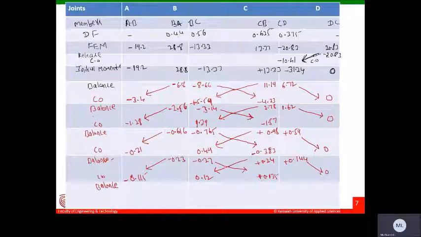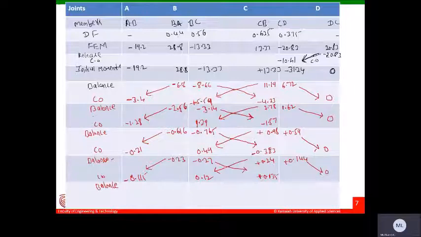If you do the balance, it will be point, how much is it? We'll cross check with this: 0.49 multiplied with the 0.44 is 0.21.